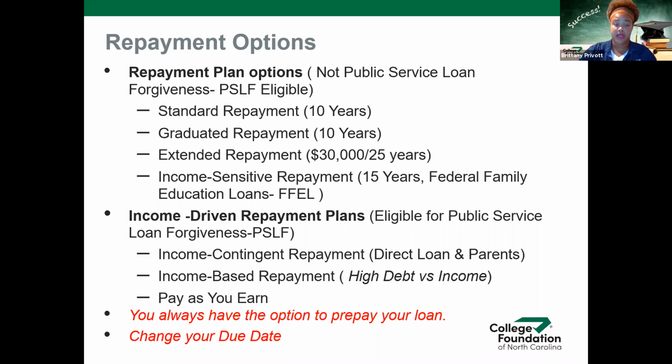We also have income driven repayment plans, and our public service loan forgiveness loans are included in these. So our income contingent repayment plans, which are direct loan and for parents, income-based repayment, high debt versus income, and then Pay As You Earn. You always have the option to prepay your loan, so pay extra ahead of time, and you also always have the option to change your loan date.